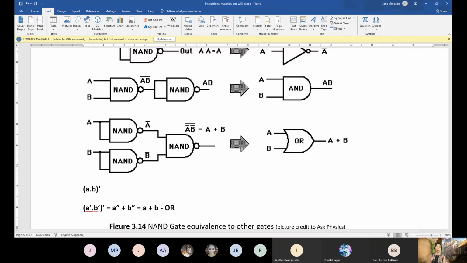And then we have another inverter here, so we'll have double prime. Again, we have (A times B) double prime. If you have double prime, you simply cancel it out. So that's why it's just simply equal to A times B. So this is the explanation for AND.